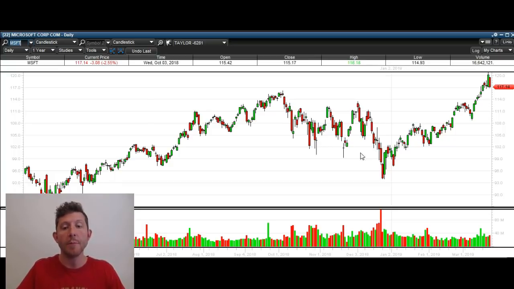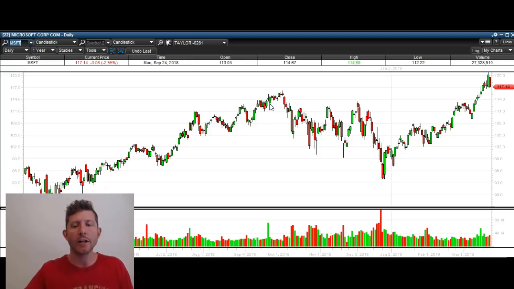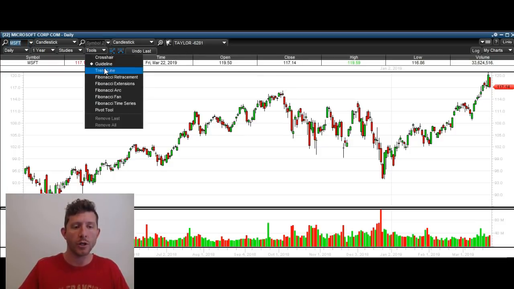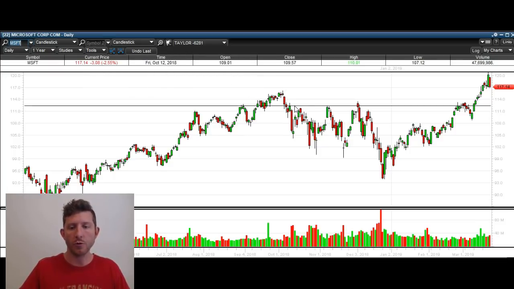When we saw that big down move in October, Microsoft was in an uptrend, yes, but it didn't create a lot of support below it. That's why it was easy to go lower. Right here, what we have on Microsoft is a huge level of support. It was previous resistance right around here.